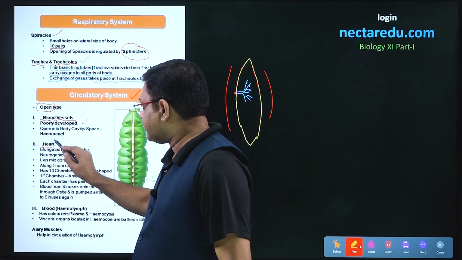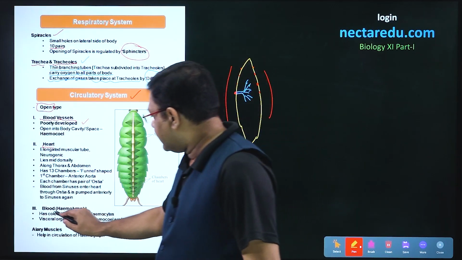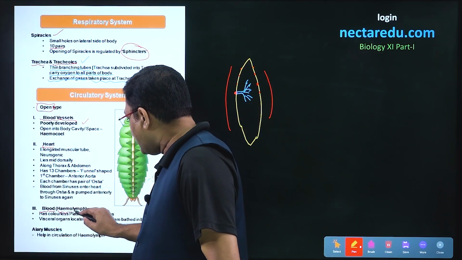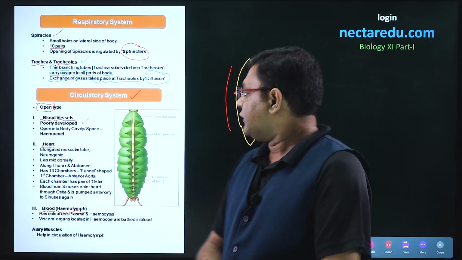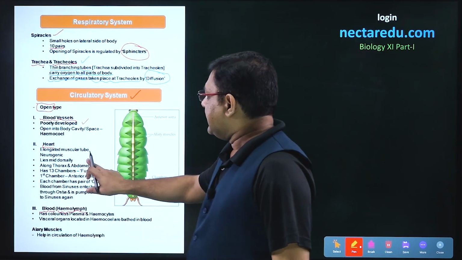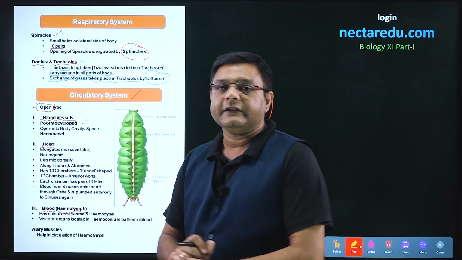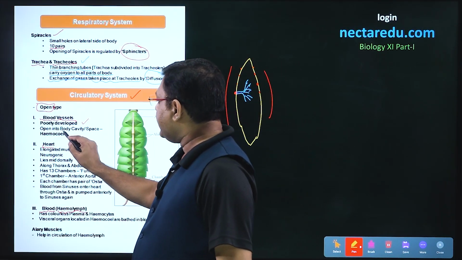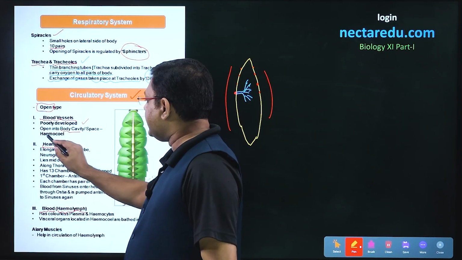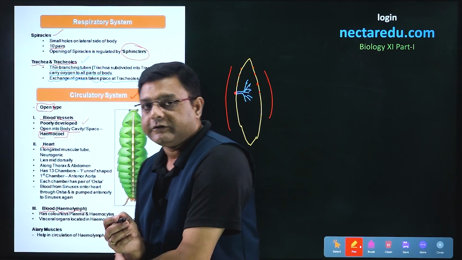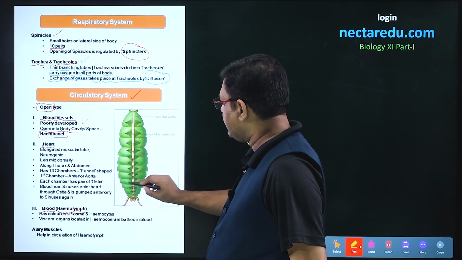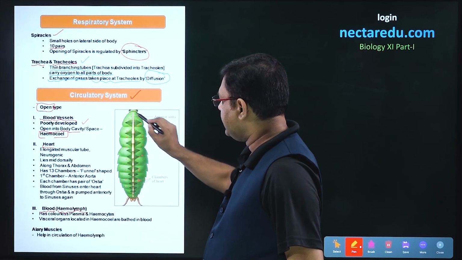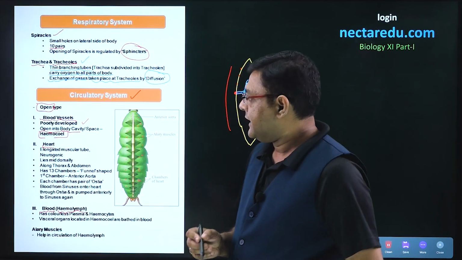The second part will be the heart, and the third part will be the blood or hemolymph which will flow in the circulatory system. Now talking about the blood vessels, these are poorly developed and will open into the body cavity or space which is called hemocoel. So all this space will be part of the hemocoel which will be present here.